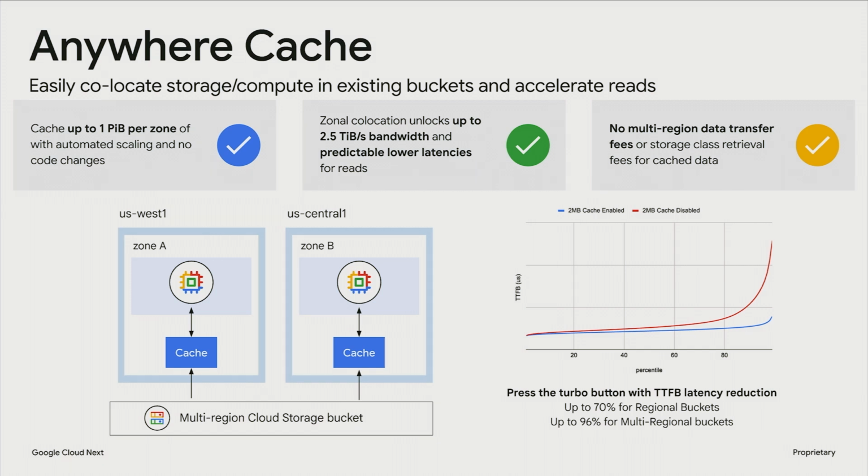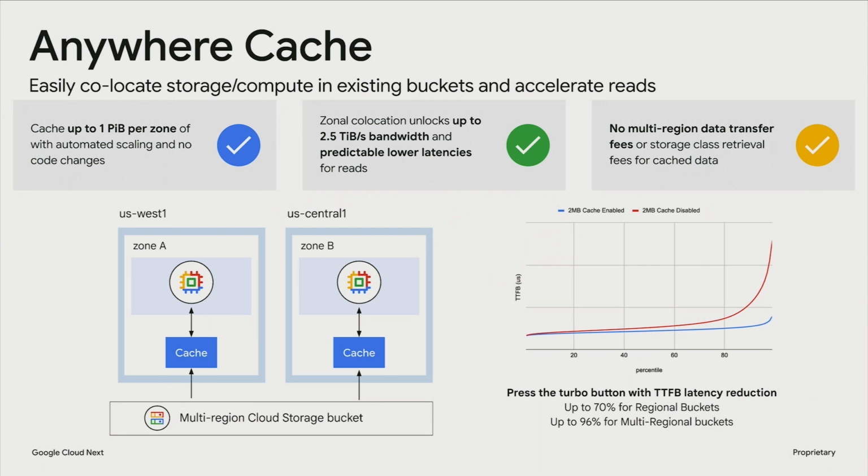So Anywhere Cache is a product for that. It allows customers to easily collocate storage with compute for any of your existing buckets. All you need to do is go to that particular bucket and configure it, say, hey, I want to turn on Anywhere Cache to accelerate my data access.